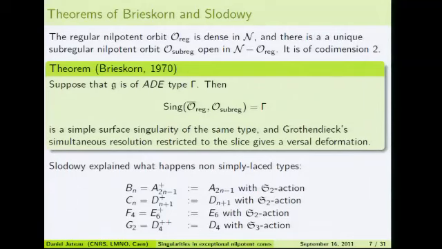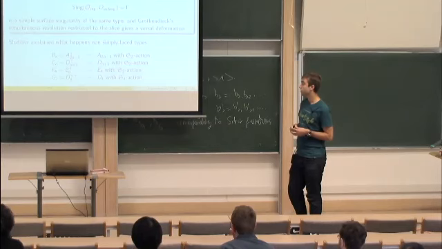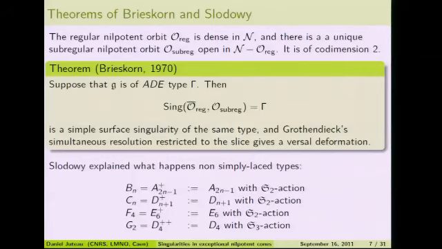As is often the case, for non-simply laced types, you have to unfold the diagram in some way. And so actually, you have a singularity of ADE type, but with an action of a finite group, which, if you have started from adjoint type, is the group of components of an element in the subregular orbit. And so we want to keep track of these symmetries.